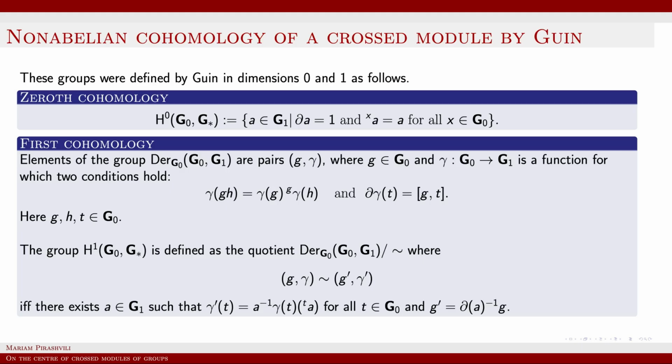This is homology with coefficients in a crossed module. And so this is H0, and for H1 we first define derivations, and then we have the quotient of these derivations via this equivalence relation.